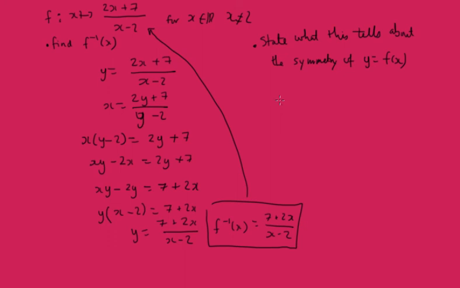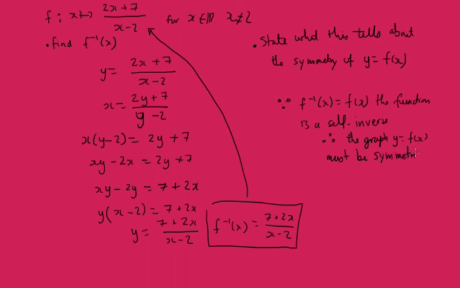So because f inverse is the same as the function, the function is a self-inverse, therefore the graph y equals f of x must be symmetrical about the line y equals x. So I hope that helps.